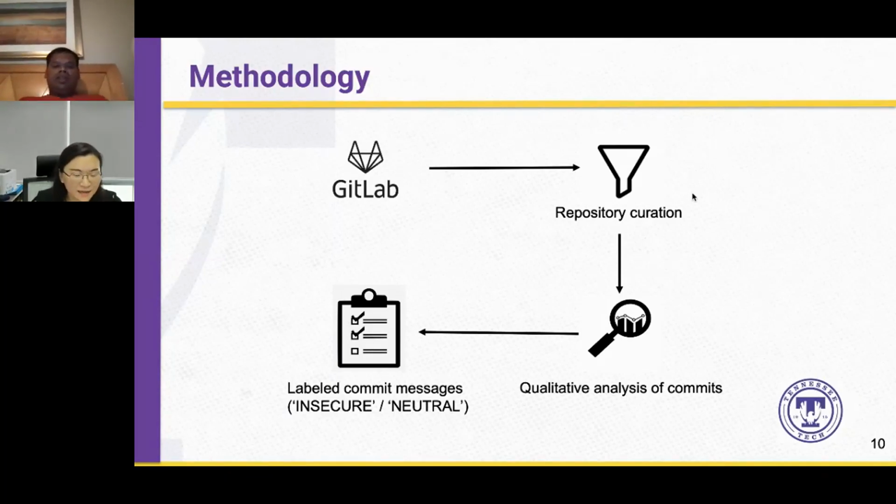Yeah, again, thanks for the great question. One limitation of our paper is that we look into commits, which does not actually capture the entire context of a bug or a vulnerability. In our set of repositories, we didn't find much information where a commit message actually mentions a bug report or a vulnerability report.